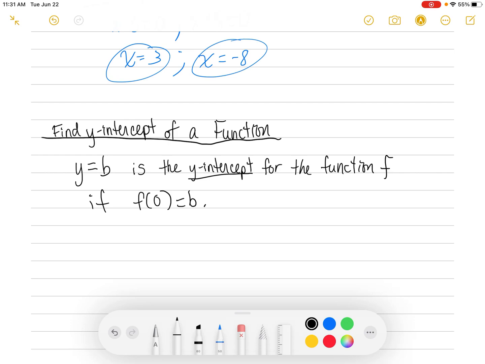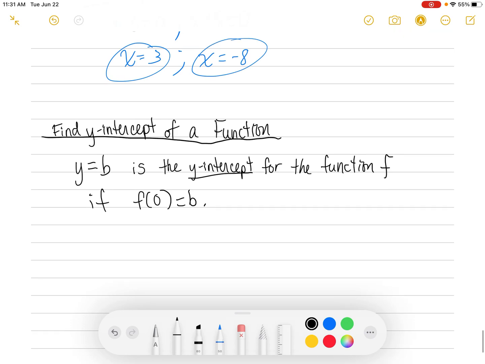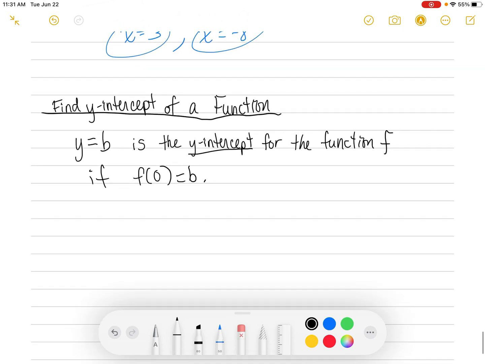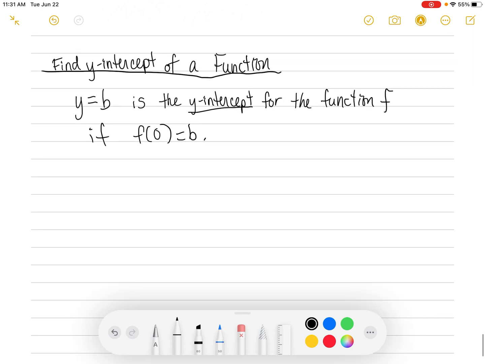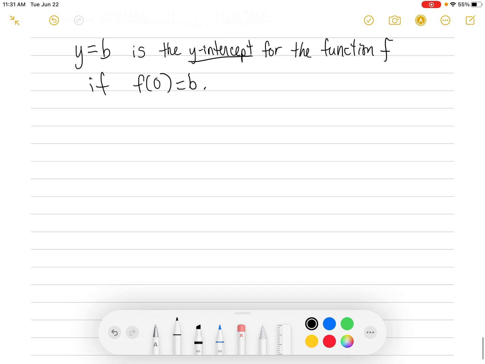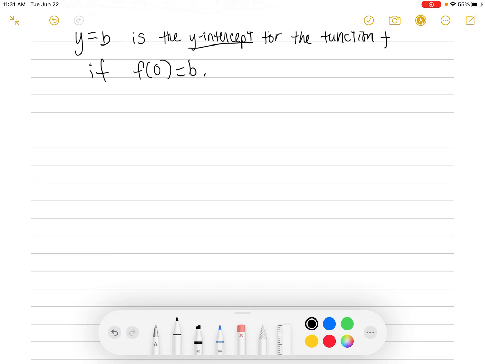Basically, you plug in 0 for x, and your output b is going to be your y-intercept. So that's not changing here. There's nothing special about rational functions that you need to do. So we'll still be doing y-intercepts using this.